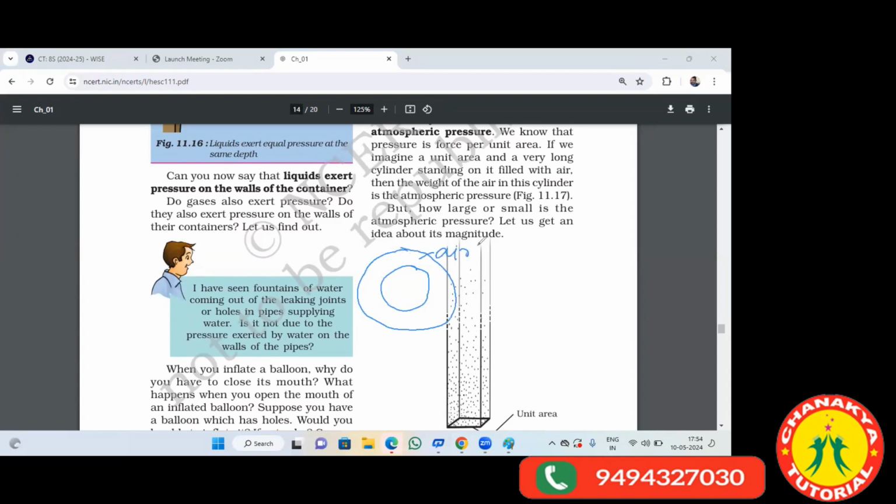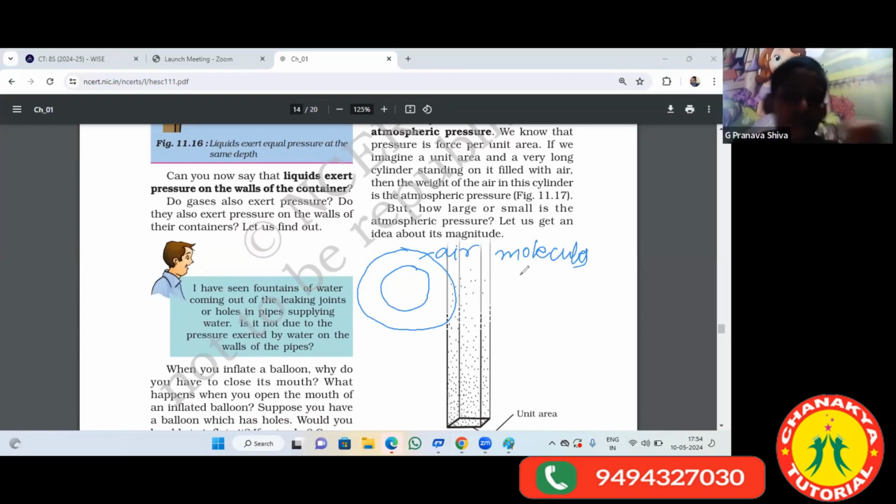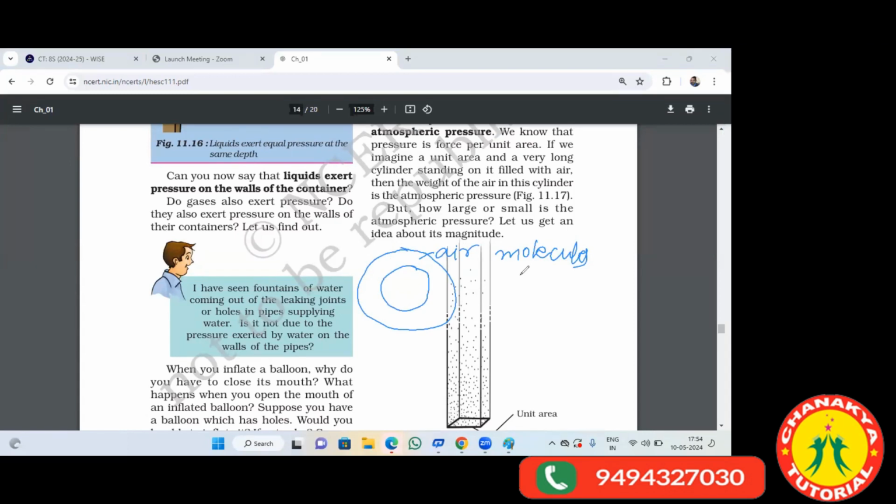There are air molecules. And tell me, is air a matter or not? Yes, air is matter here. That means air will have some mass, and all the particles or molecules of air are pulled downward due to gravity.